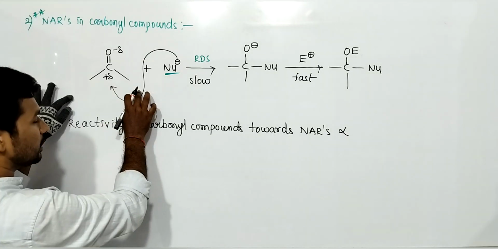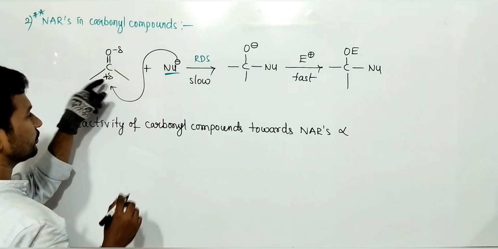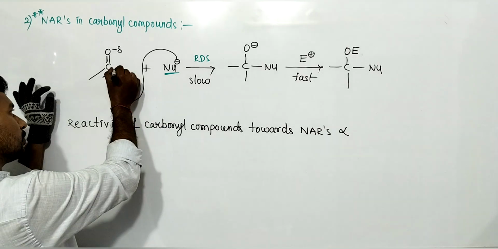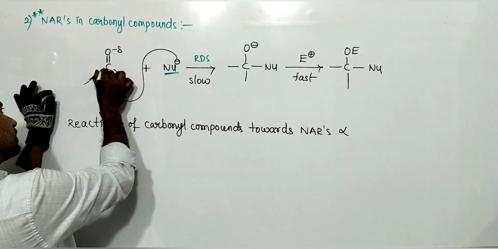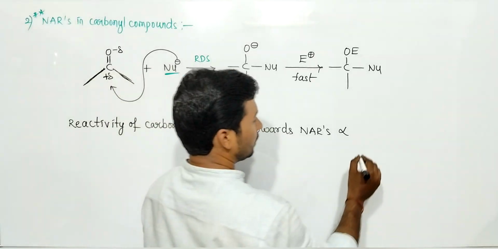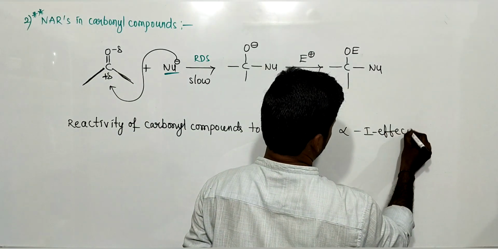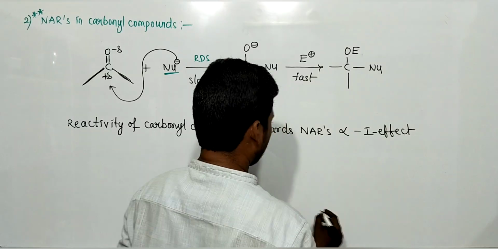If electron withdrawing groups are there, they withdraw electrons towards themselves and this carbon becomes more positive. That's why the minus I effect. And inversely proportional to what?